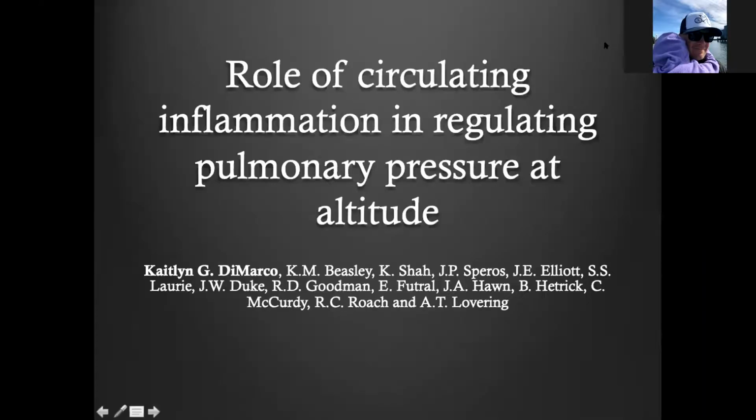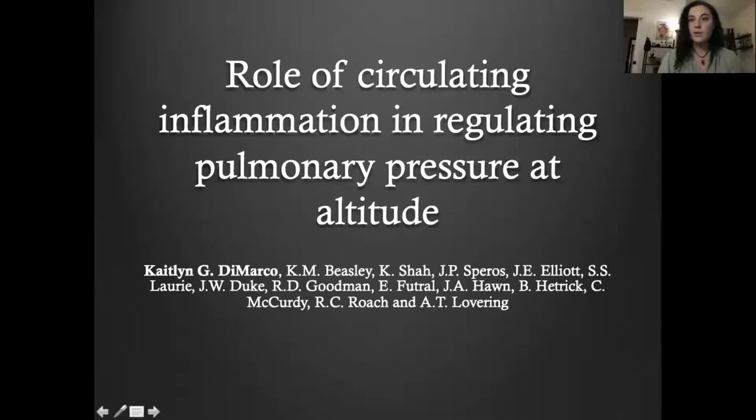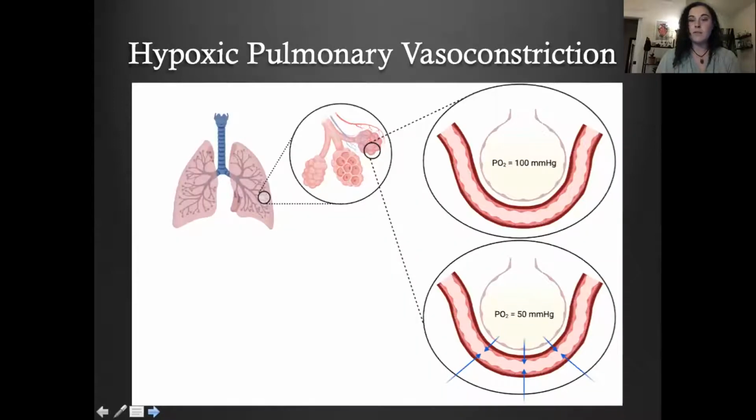Okay, perfect. So today I'm going to be talking about the role of circulating inflammation in regulating pulmonary pressure at altitude. A little bit of background information about some of the physiology I'll be talking about. The first important factor is hypoxic pulmonary vasoconstriction, which, as you can see from this drawing, this zoomed in alveoli, that we have an alveolus here with a PO2 of 100 millimeters of mercury and normal blood flow going to that alveolus.